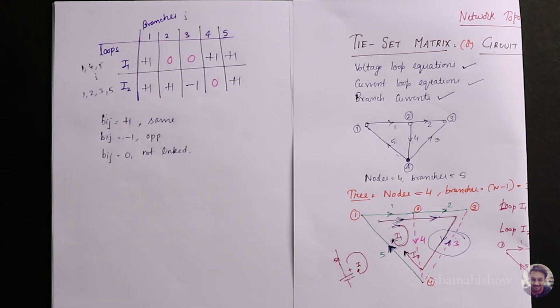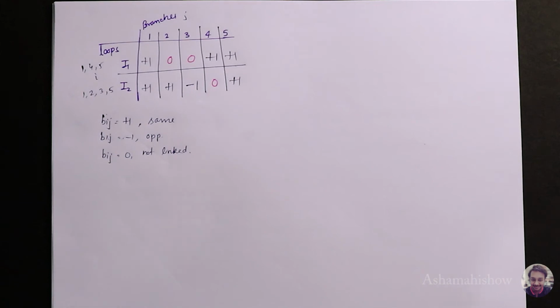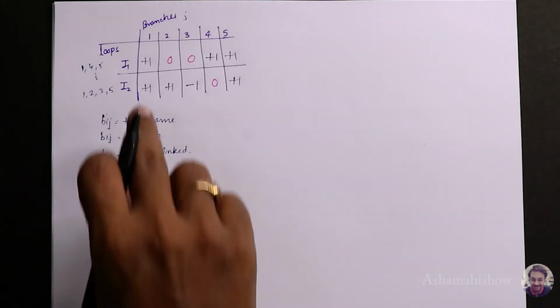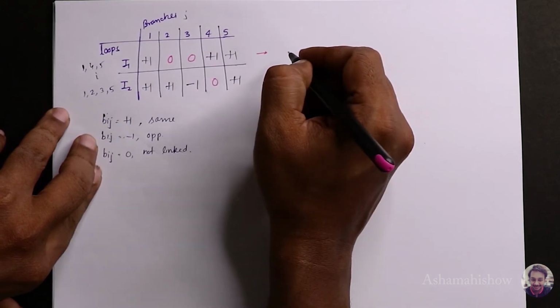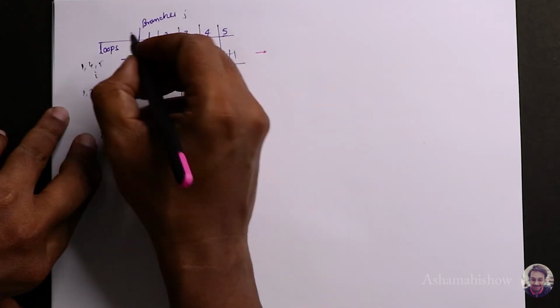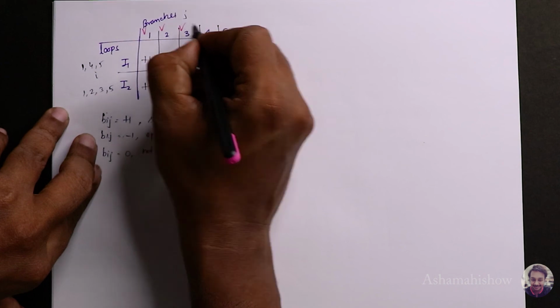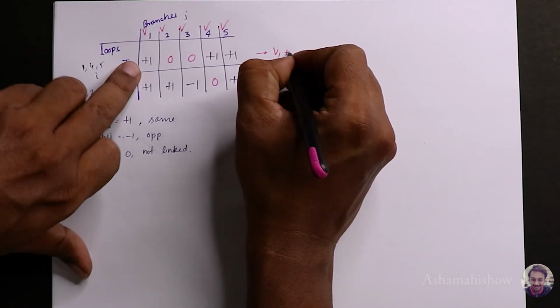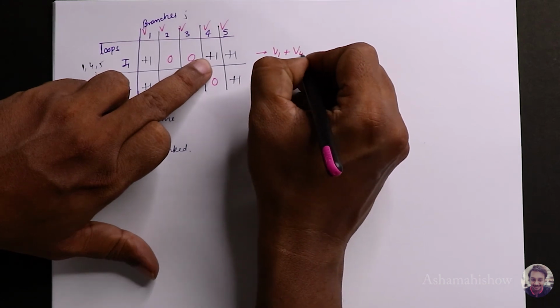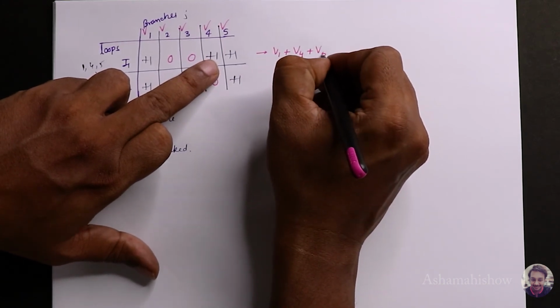Okay, now from here we can directly get an equation. I'll show you how. See, very simple. From the rows we will be writing the voltage equations. All the rows contain the voltage equations. So this is like V1, V2, V3, V4, V5. Now the equation here is V1 plus V4 plus V5 is equal to 0.